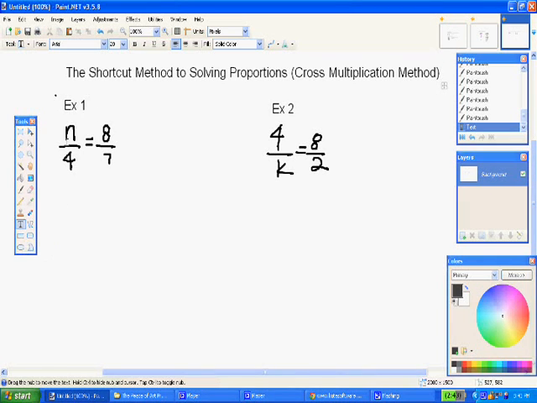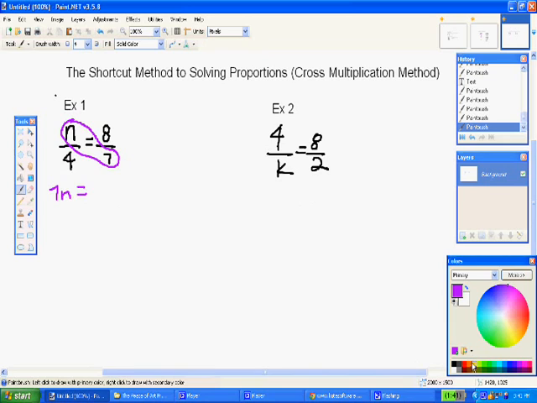Okay, example number 1. We did the proportion n over 4 equals 8 over 7. With the cross multiplication method, all you simply do is you multiply the top of the left side by the bottom of the right side, or the numerator by the denominator. So you do 7 times n, which gives us 7n, and then you put an equal sign there.